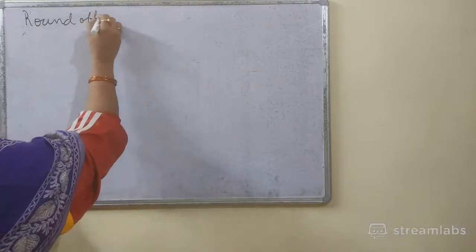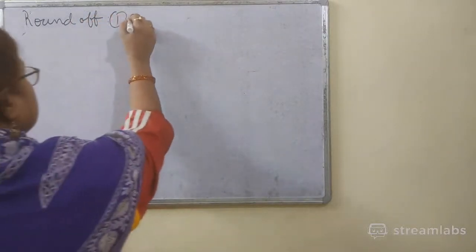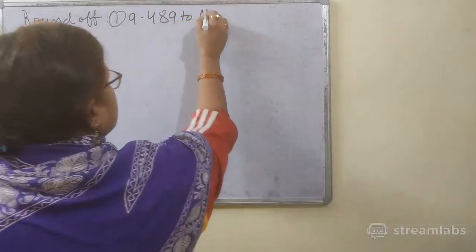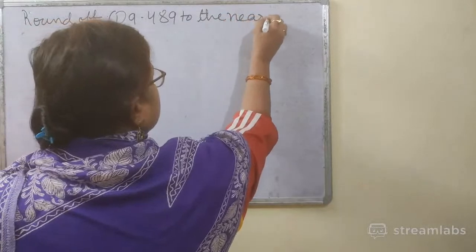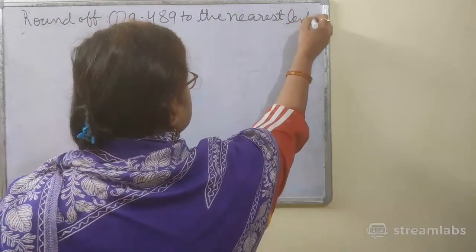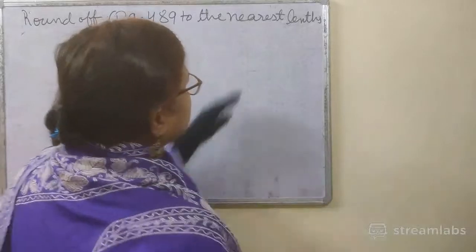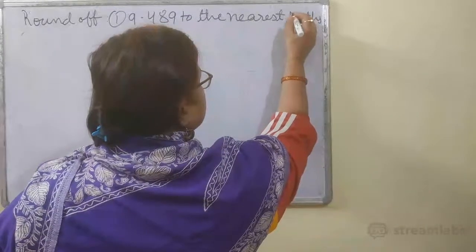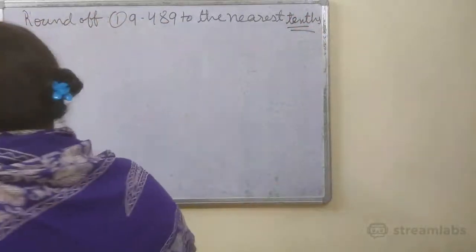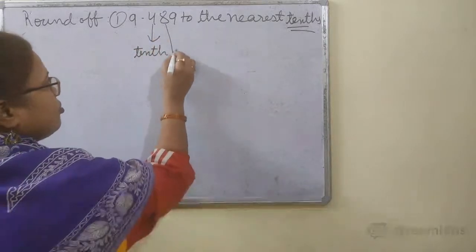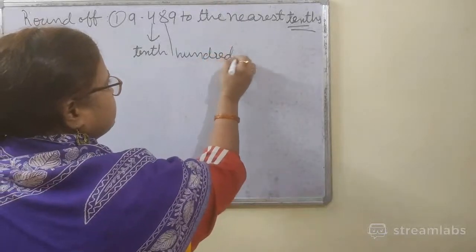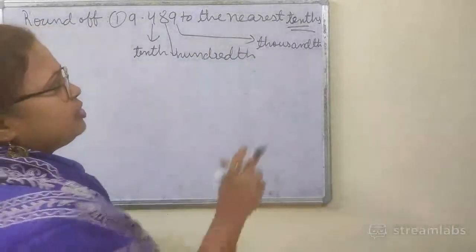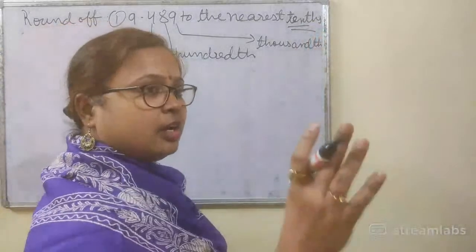So, round off. The question is: round off 9.489 to the nearest tenth. Clear? To the what? To the nearest tenth. So always remember, whenever it is asked about the tenths, we will see the hundredths.